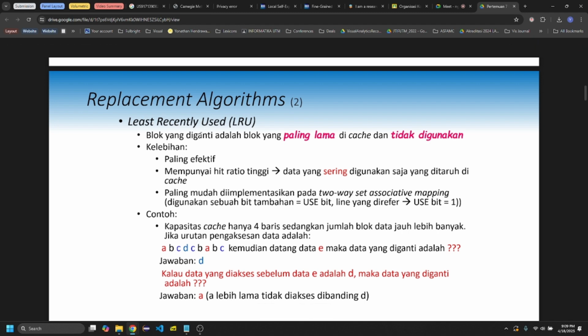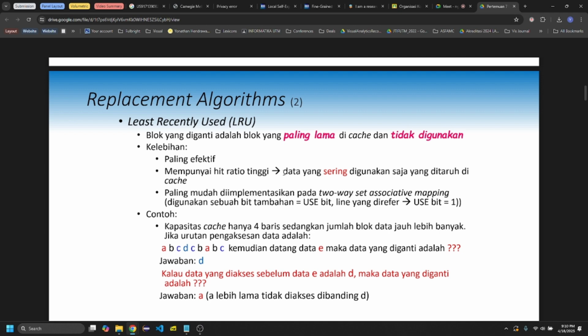Now, going to the first algorithm, LRU, least recently used. The block that is replaced is the block that is longest residing in the case and hasn't been used. This is the advantage of this algorithm: it is the most effective and has a high hit ratio, because data that is frequently used is the data being stored in the case.